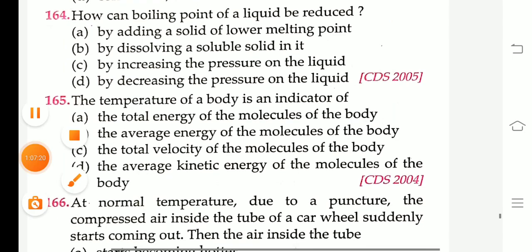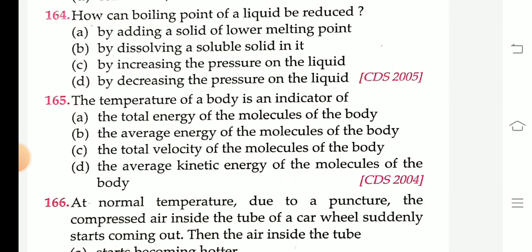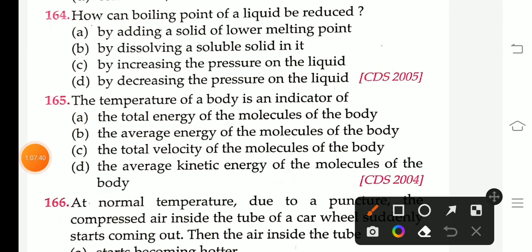Next, how can the boiling point of a liquid be reduced? Right answer will be option D, by decreasing the pressure on the liquid. Next, the temperature of a body is an indicator of, right answer will be option D, the average kinetic energy of the molecules of the body.